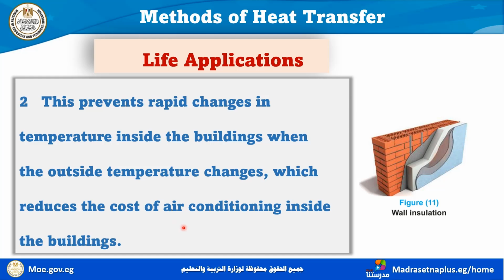So to reduce the cost of air conditioner systems, we prevent the changes in temperature inside the building by using these insulators, the polystyrene, to insulate the walls and prevent the loss or gain of heat energy from or to the building, and this will reduce the cost of air conditioner systems.